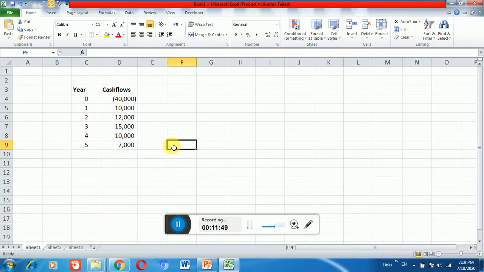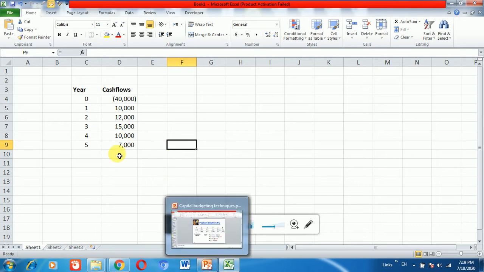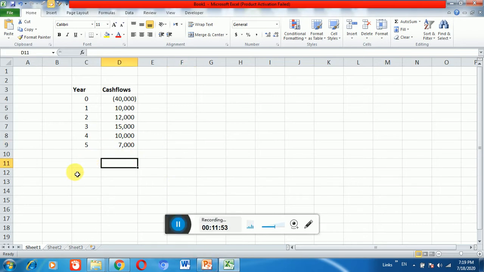Now we have a formula to determine the payback period.